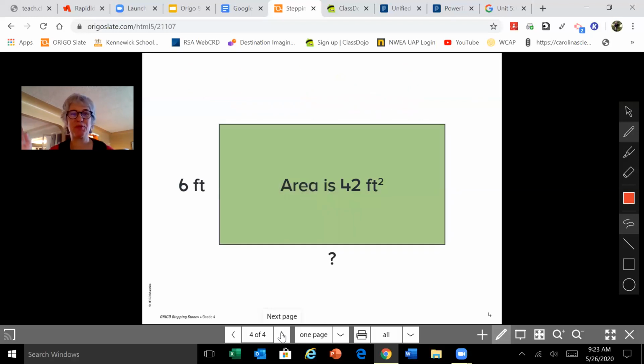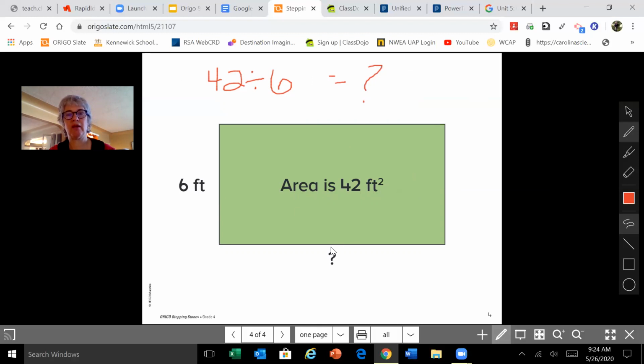Okay, let's do one more. This is a little bit trickier, okay? We see a bigger number. We see that this side is a little bit bigger. But again, I'm going to think about it in the same way. I can go 42. If my whole area is 42, divided by 6 equals my mystery number.